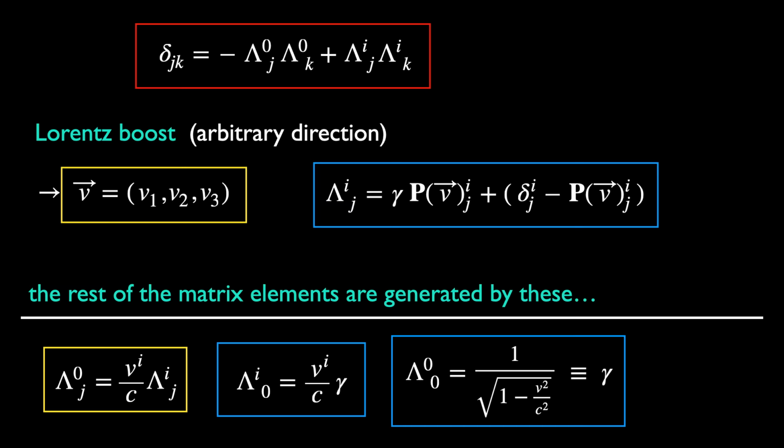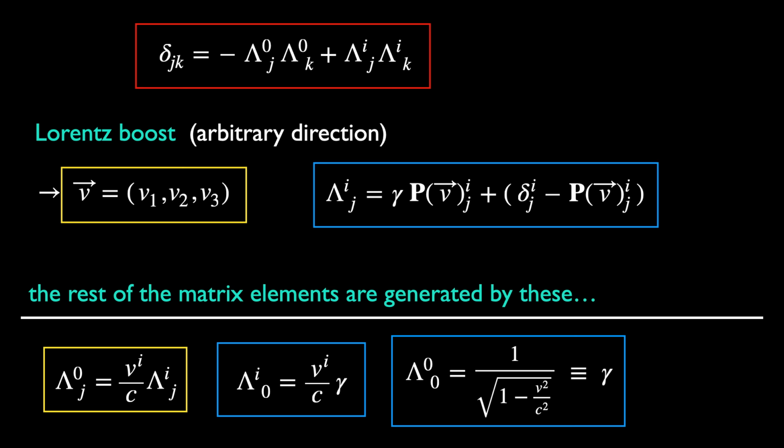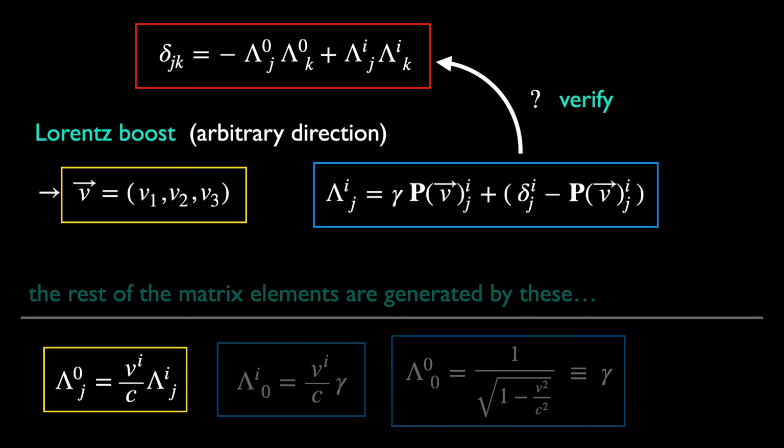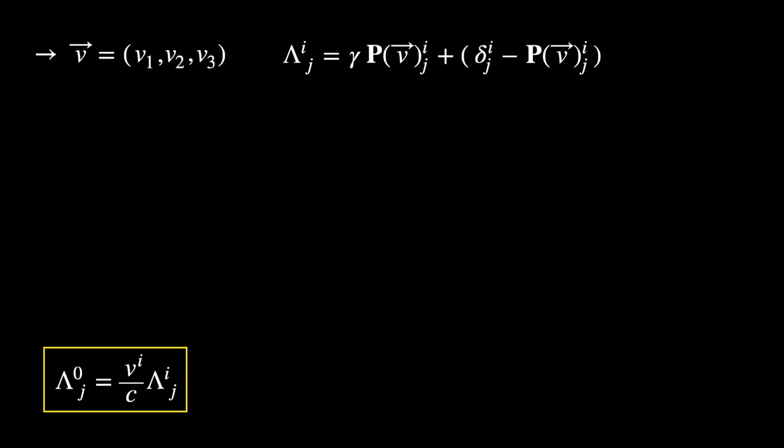What we need to do now is to plug in these two expressions into the red box above and verify that the equation is indeed satisfied. Our first step is to write down a suitable expression for the projector PV. What about this?